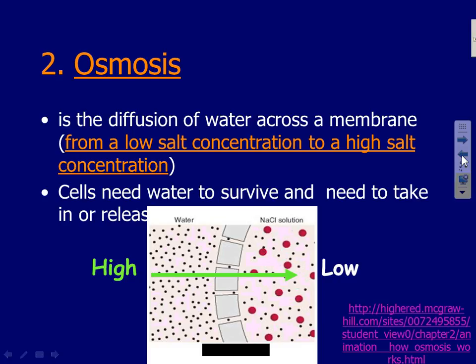Okay. So if the yellow is salt and the blue is water, how would you describe the salt concentration on this right-hand side compared to the salt concentration on the left-hand side?